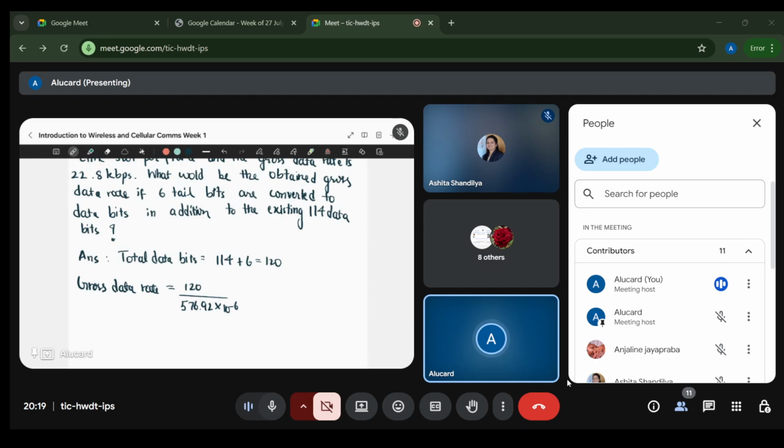So you get to transmit 120 bits in approximately 577 microseconds. That is, per frame you get to transmit 120 bits, and the duration of the frame is 577 microseconds.